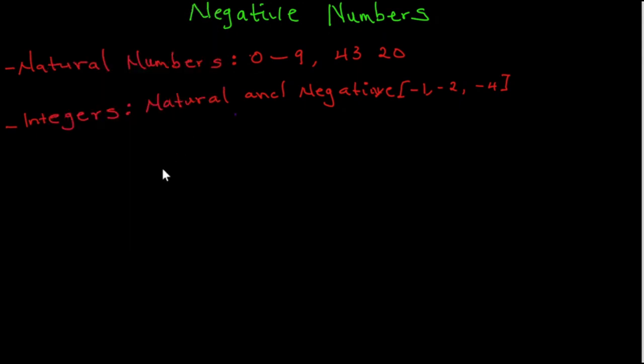Let's continue. The next thing we're going to do is to compare negative numbers. I've told you negative numbers are numbers that have negative signs, like -1, -2, -4. So you can see it here. Let's compare them.